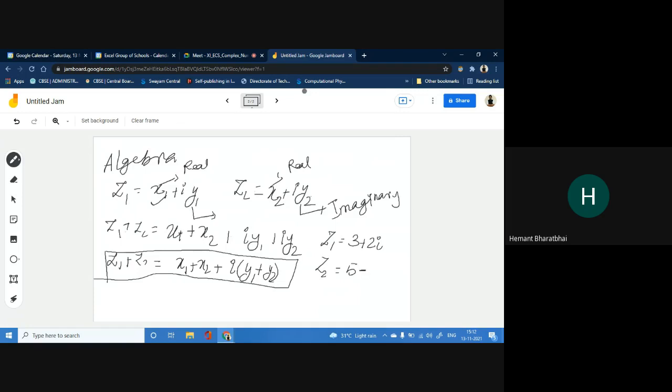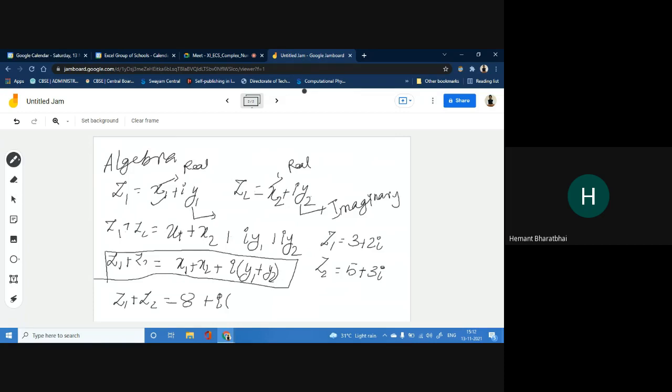So suppose instead of this, if I write some numbers, it will become much clearer. Suppose I have Z1 as say 3 plus 2i, and I have another complex number Z2 as say 5 plus 3i.